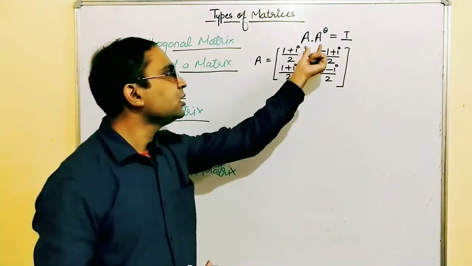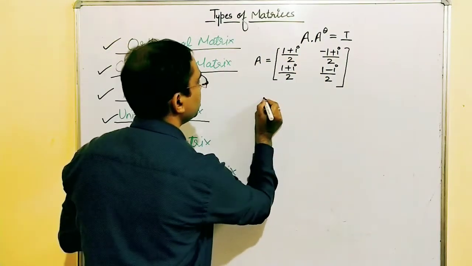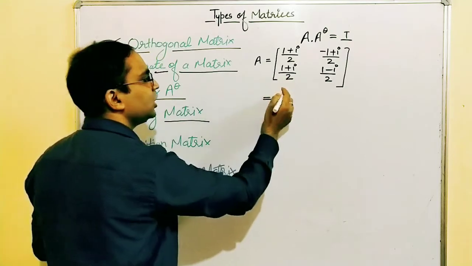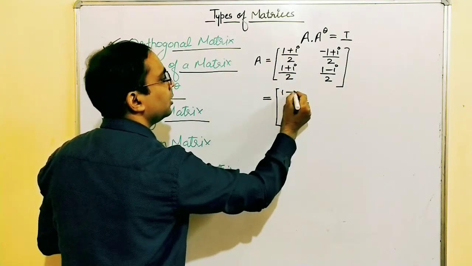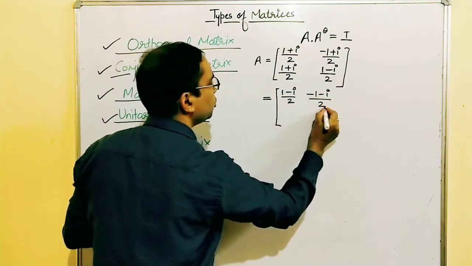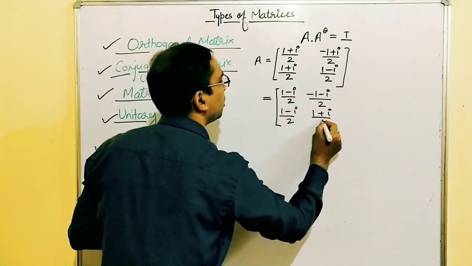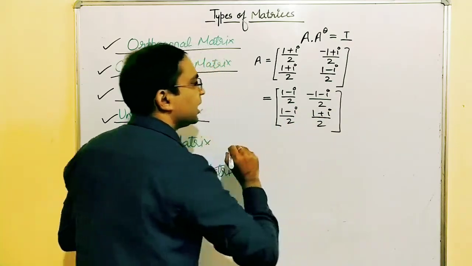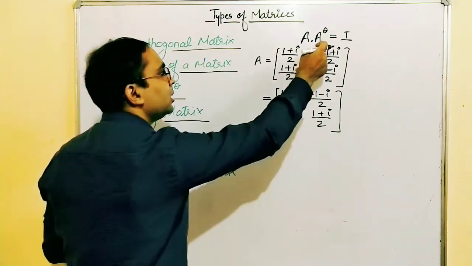First of all, we need to get this A theta. Remember, we had seen A theta. To obtain A theta, first we will get the conjugate of the above matrix. The conjugate of this will be (1 minus i) upon 2, minus (1 minus i) upon 2, (1 minus i) upon 2, and (1 plus i) upon 2. So this will be the conjugate, and from the conjugate we transpose this to obtain A theta.